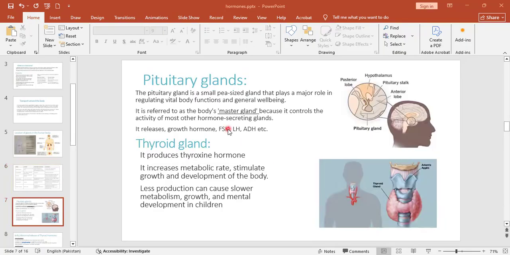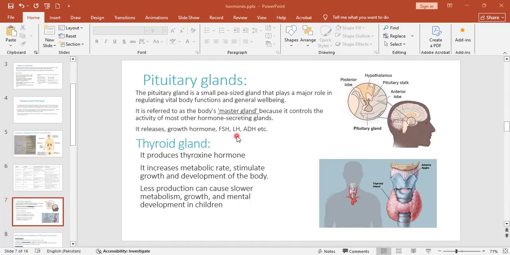A quick recap of the pituitary gland. It's present at the base of the hypothalamus, and it's the master gland. It releases several hormones like growth hormone. FSH deals with reproduction. It helps in maturing of the sperms and the eggs present in the testes and the ovaries.